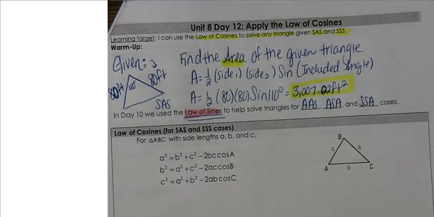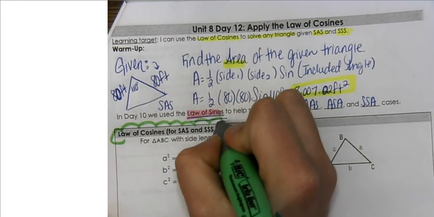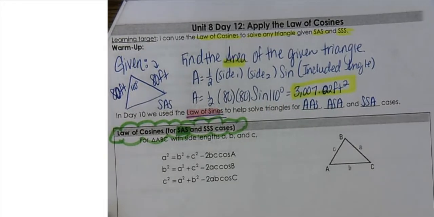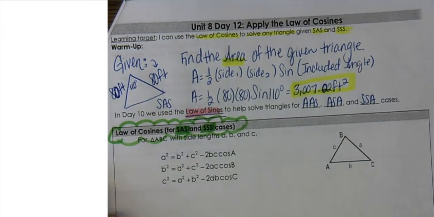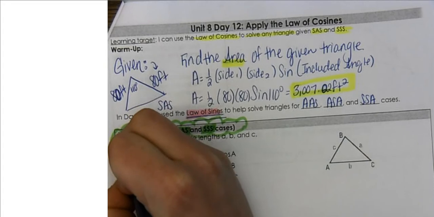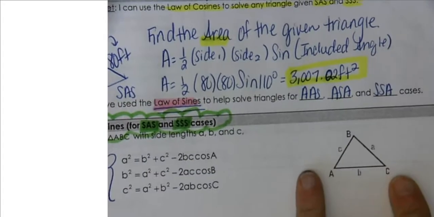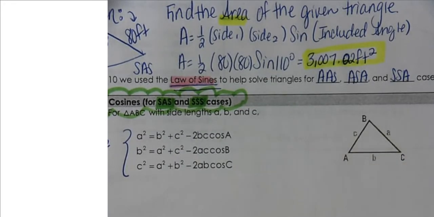Well, mathematicians identified a thing called the law of cosines. And the law of cosines is what we use if we are given side, angle, side, or side, side, side cases. So the following formulas are for when you have side, angle, side. This is the same triangle that we've been working with, ABC, and opposite of angles A, B, and C, we have little a, little b, and little c respectively.